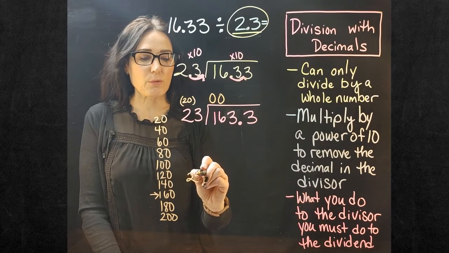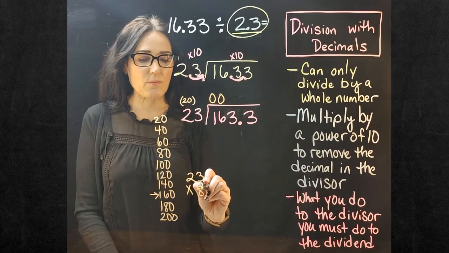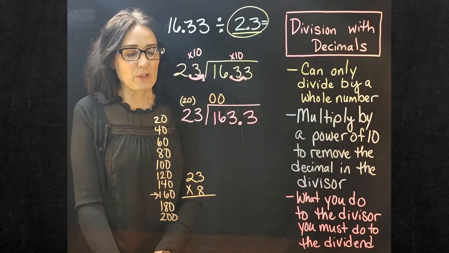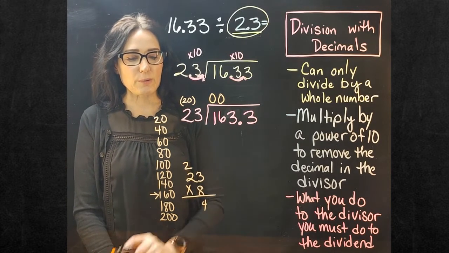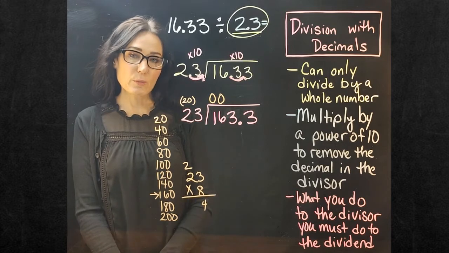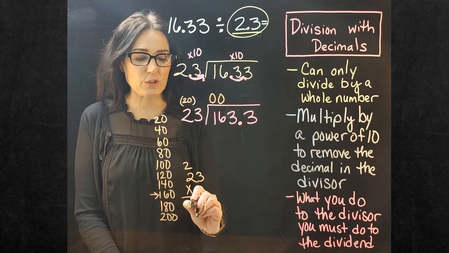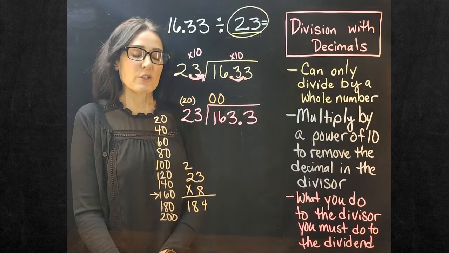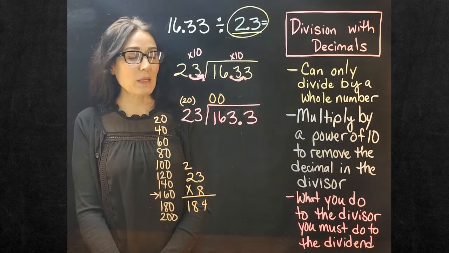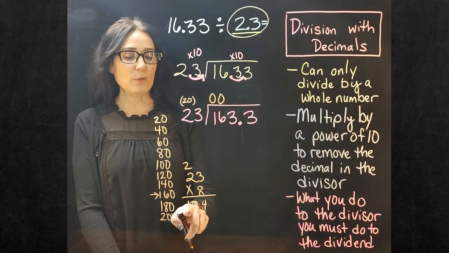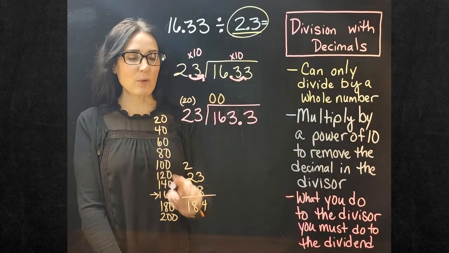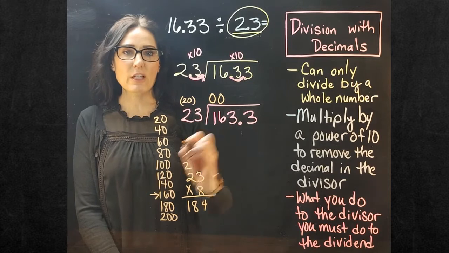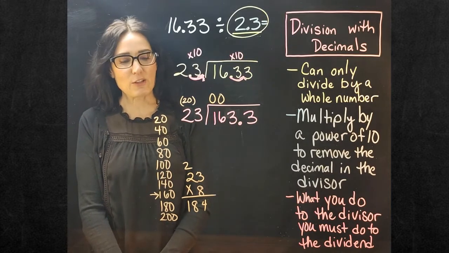So 23 times 8. We're going to take 8 times 3, which is 24, carry the 2. 8 times 2, which is 16, plus the 2, which is 184. So you know how I mentioned that it might be a little too high if you round down. It looks like we're just a little too high, because if I put 184 here, you can't subtract that from 163.